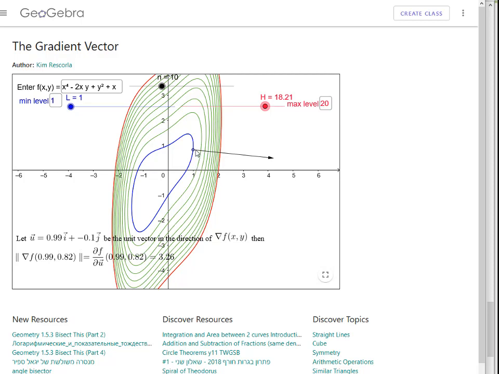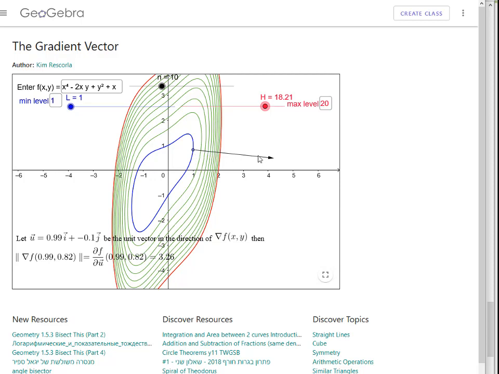If you plot the two components, the gradient vector is going in this direction, which means that as you go in the x direction, the function is increasing very quickly, but in the y direction, it's quite flat. That's why this vector is pointing this way.